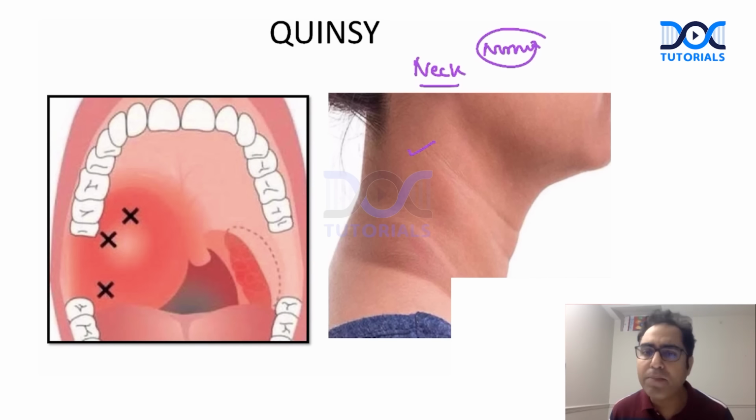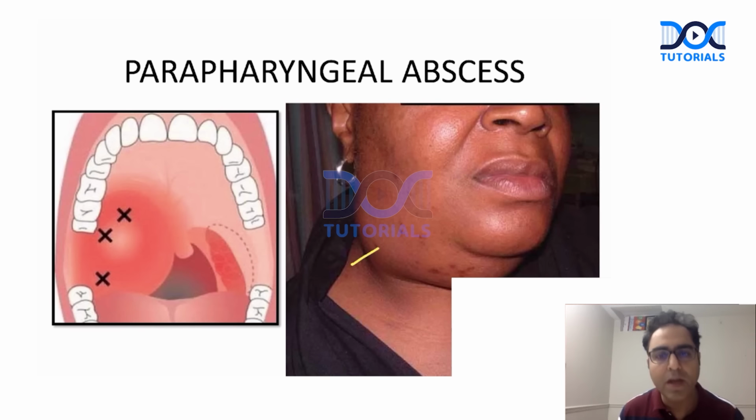These two questions are very overlapping, beta. Please understand, quinsy has got nothing outside in the neck, but if a quinsy-like MCQ is asked to you, with uvula pushed to the other side, tonsil pushed medially, trismus, hot potato voice, everything the same, along with outer neck swelling close to the angle of mandible or close to the sternocleidomastoid muscle, then the answer is shifted to parapharyngeal abscess.